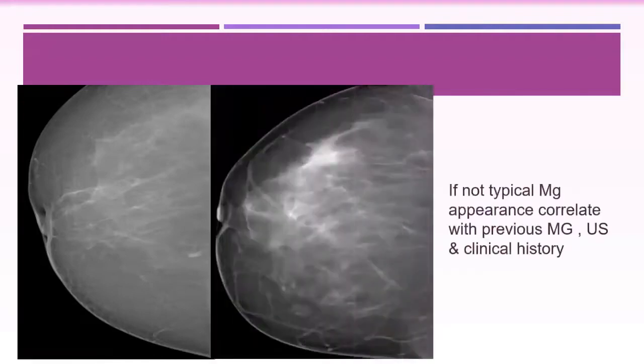You might say yes or no. If you see some thickening and retraction and you couldn't see any distortion, asymmetry, masses, or suspicious calcification, and you are not sure, you have seen a tubular opacity far away here and you don't know what is going on, you have to check the previous images. If it is stable, seen in the previous, that means this is sequelae of ductectasia, and full stop.